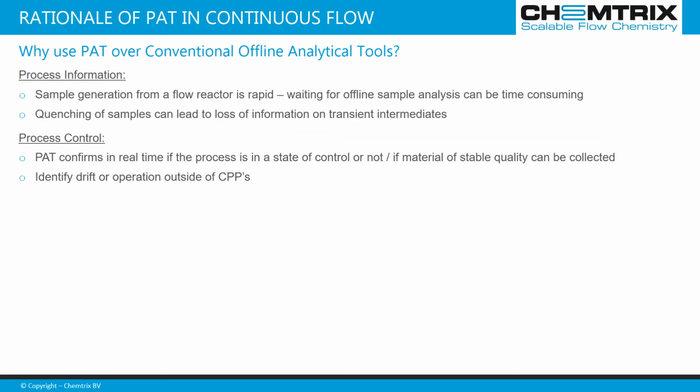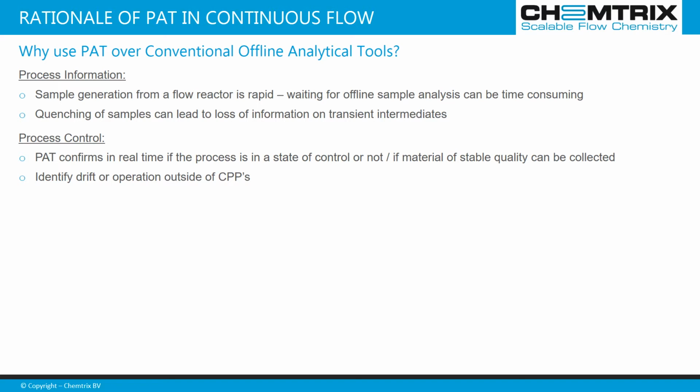I just mentioned that a continuous flow reactor can generate a large amount of data in a short amount of time. So it's disadvantageous if you're collecting samples, analysing them by HPLC or GC, and finding out, was the process any good, yes or no, 20-25 minutes earlier. So by having an online tool, you can speed up the data collection, and you can also learn a lot more about your process.